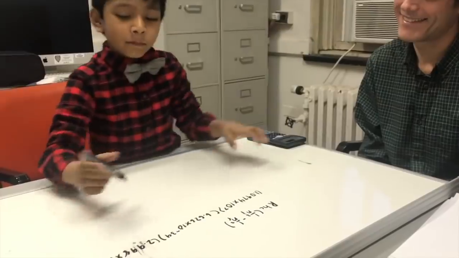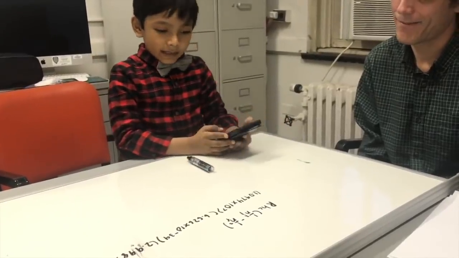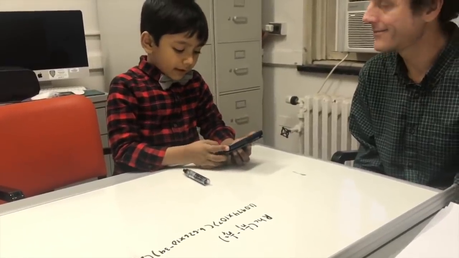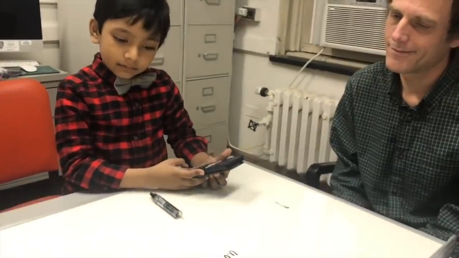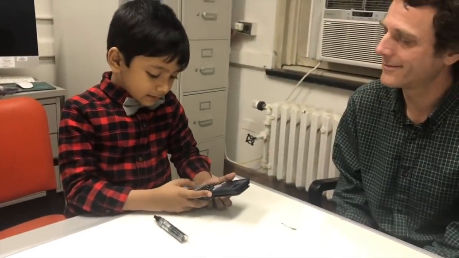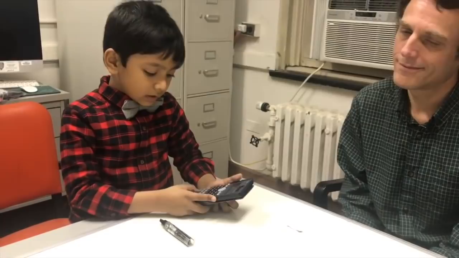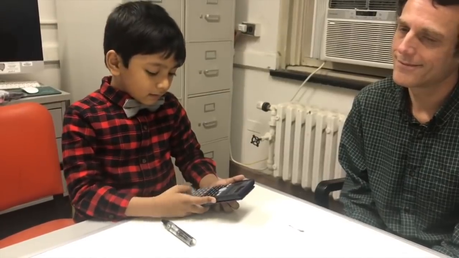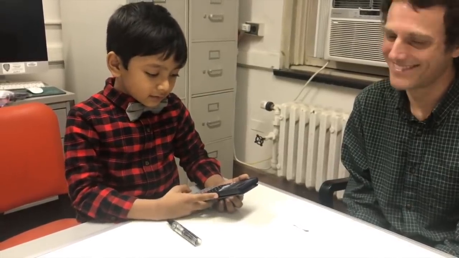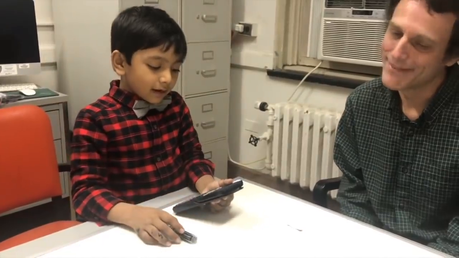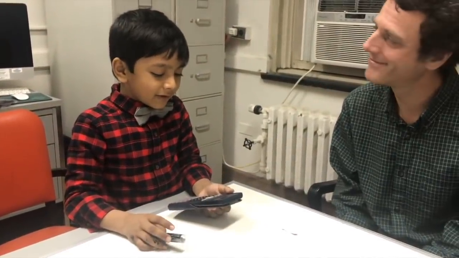So let's multiply all these things together. 1.0974 times 6.626 times 2.998. Boy, this calculator is good. 21.79957446.